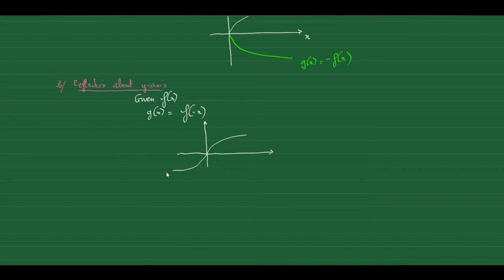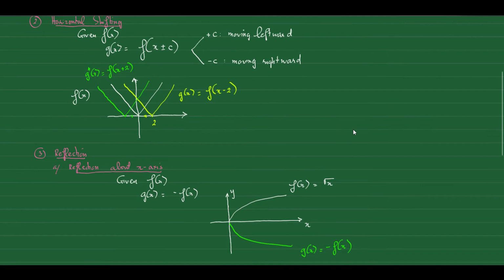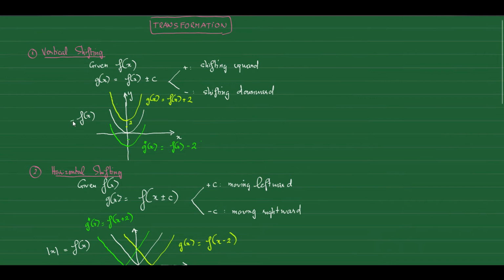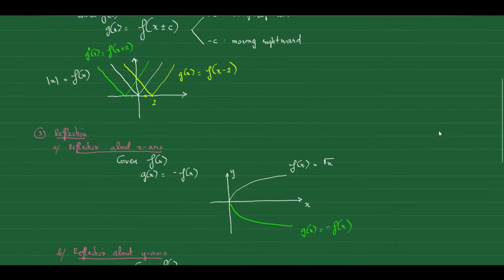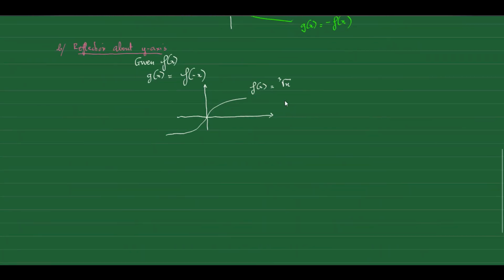I don't know if anyone can recognize this. This is a cube root function. This is square root. This is absolute, the very basic one. And this is quadratic. Oh, this is a square function, not square root. This is square root. This is cube root.